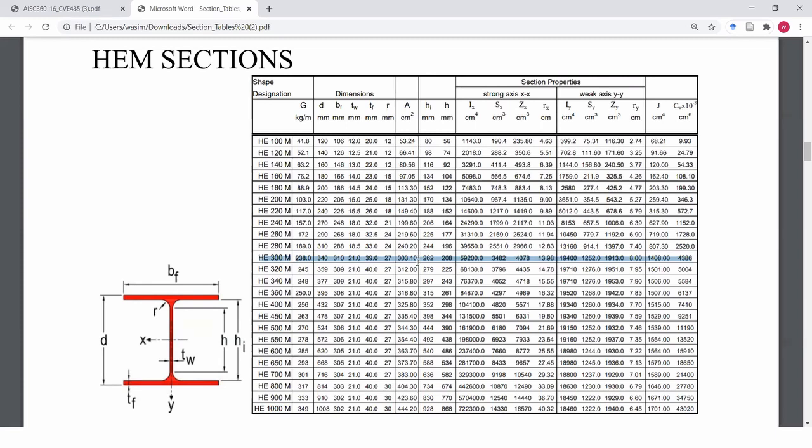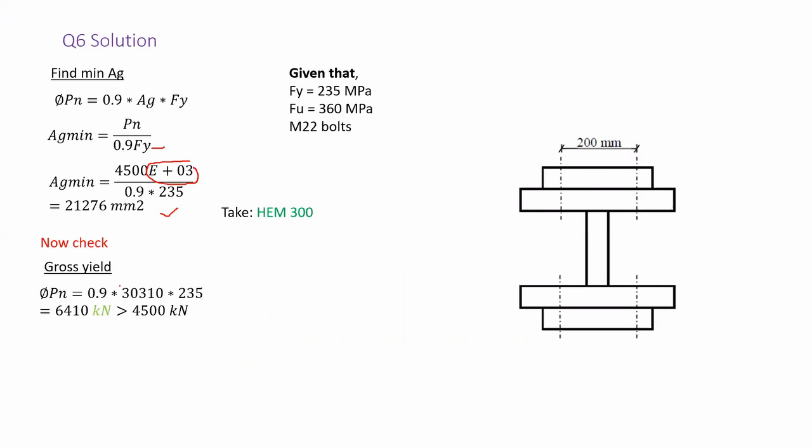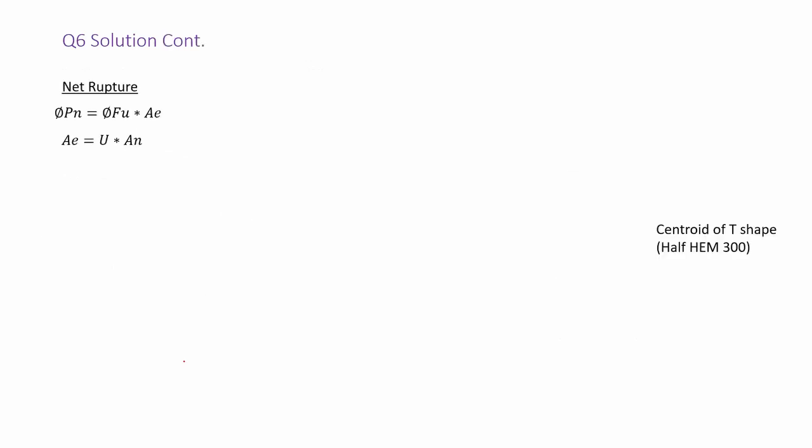If you multiply it by 100, it becomes millimeters squared. We check the gross yield at the beginning. For the gross yield, its capacity is 6,410 kilonewtons, which is bigger than what we need. That's good.